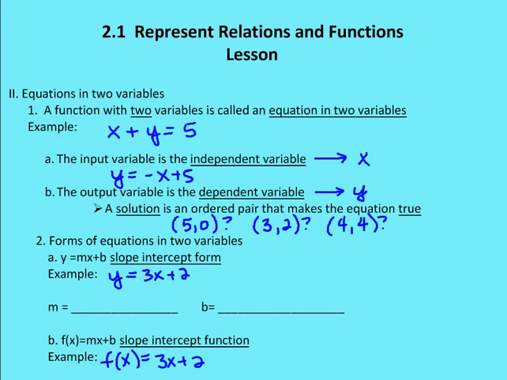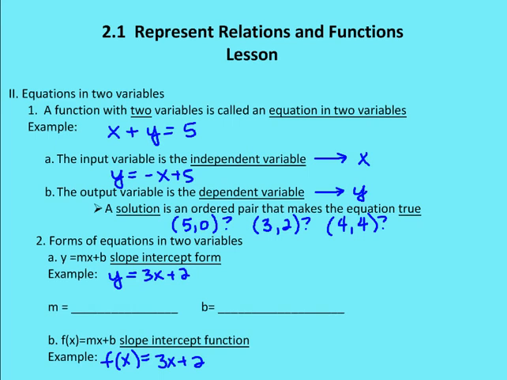Now there are different ways to write equations in two variables, and we're going to talk about several of them through the next couple of chapters. There is one that I want to highlight right now, and that is the slope-intercept form. The slope-intercept form gives us the slope and the intercept.